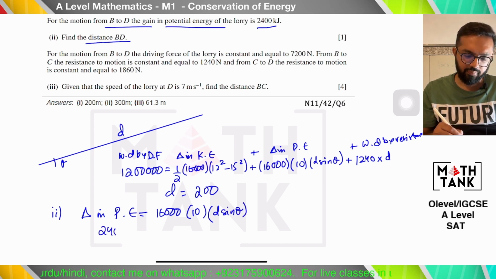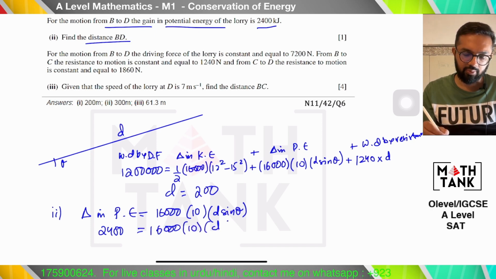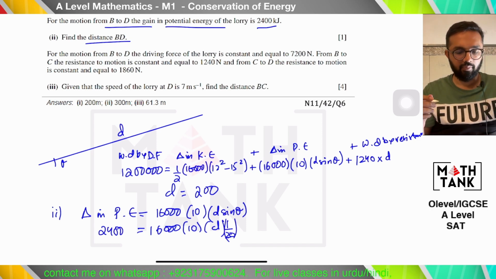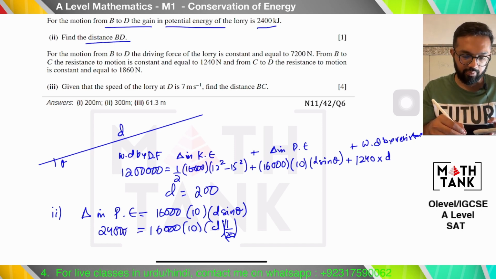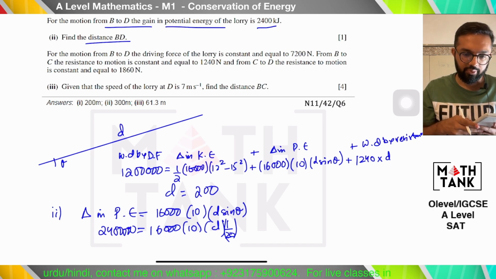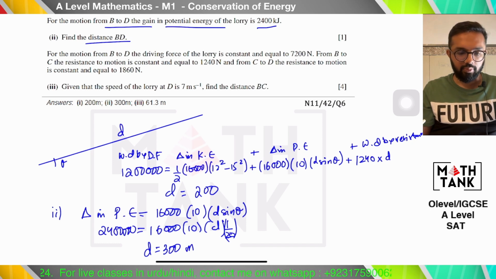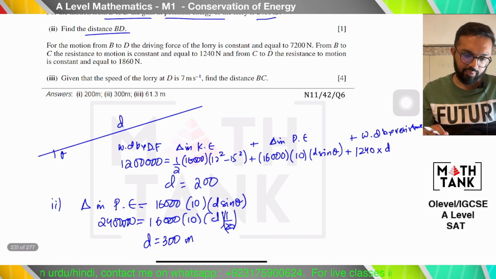So that's 2400, 16,000 into 10 into d into 1 over 20. 2400,000, my bad. That gives 300 meters.